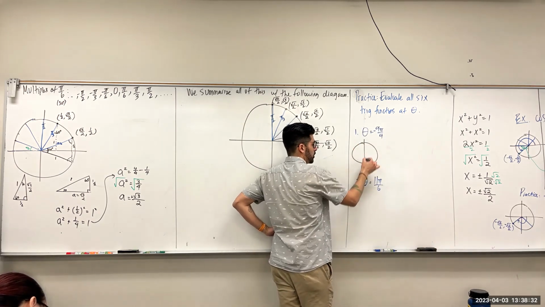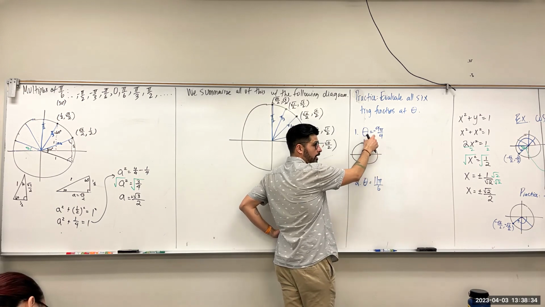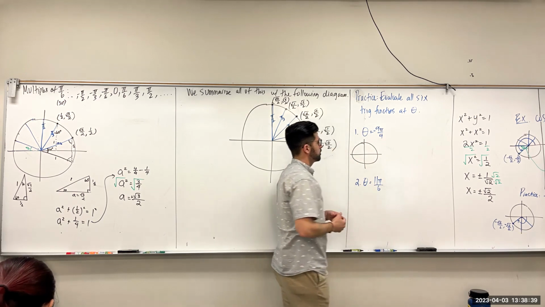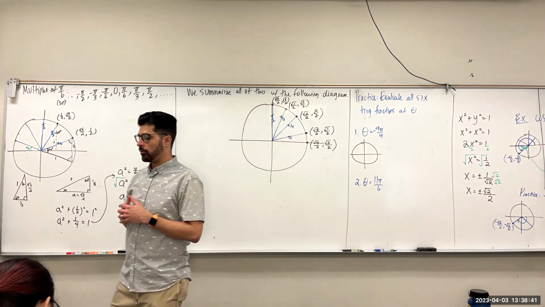Remember, just draw a unit circle and locate where negative pi/4 will be. And where would this angle be, if you're looking at multiples of pi/4?